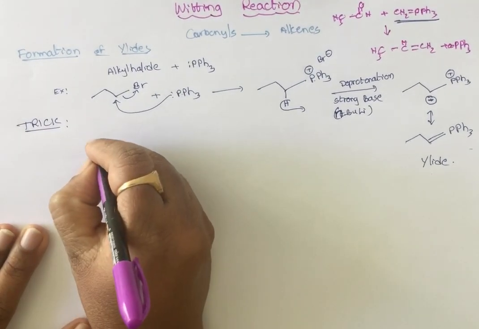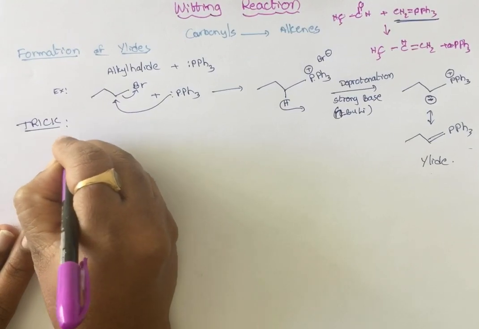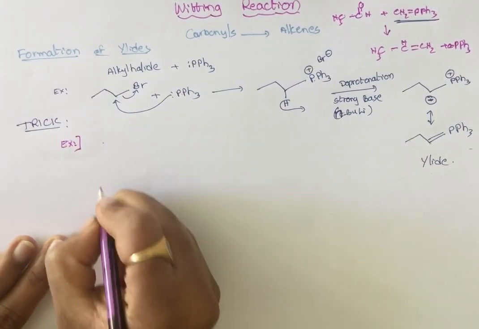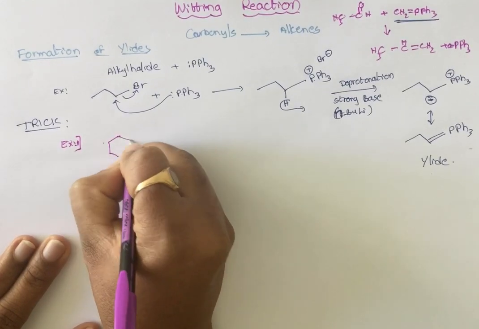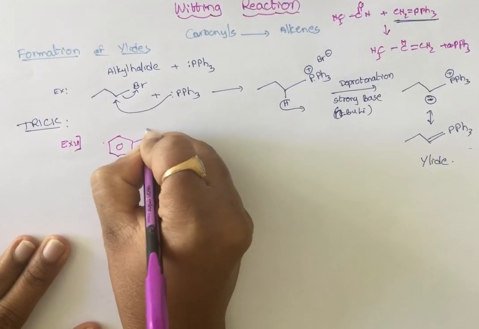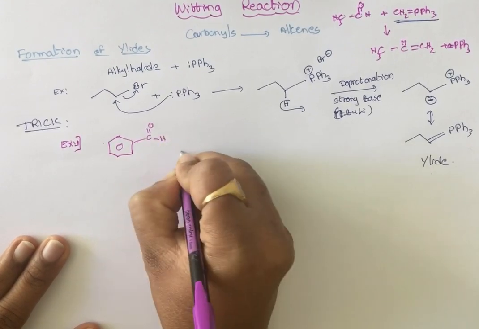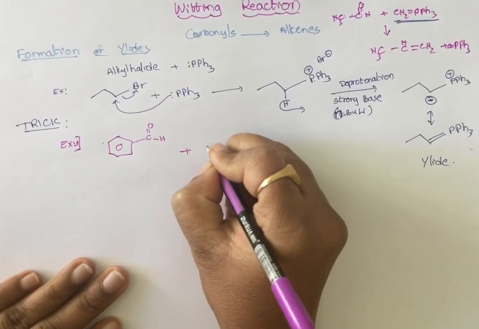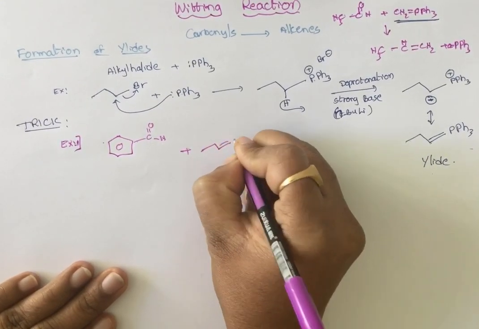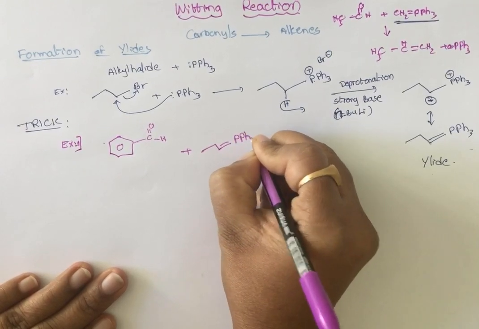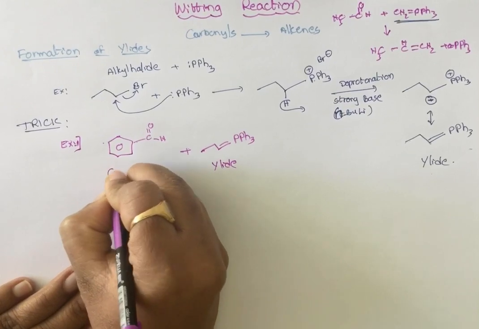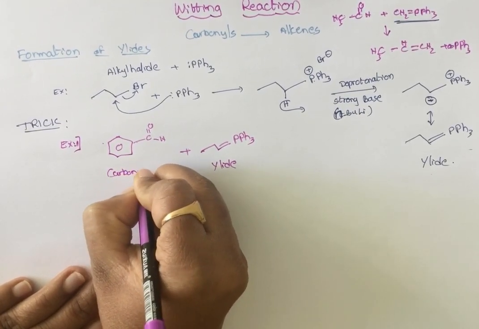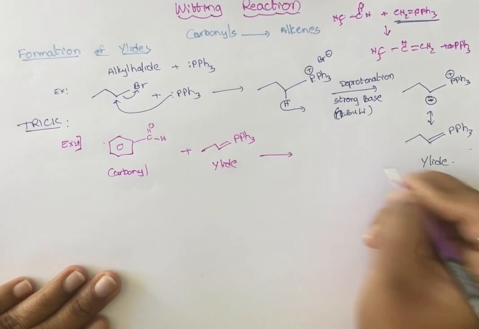First example, they gave reactants and asked you to find the product. They gave you benzaldehyde reacting with this ylide. This is the carbonyl compound, and they asked you to identify the product.